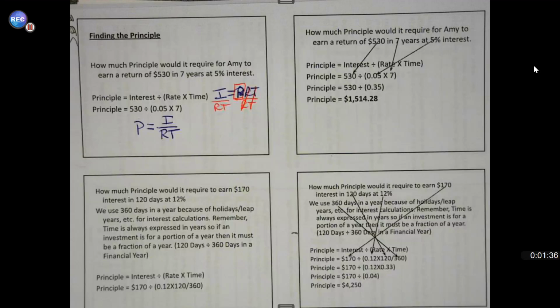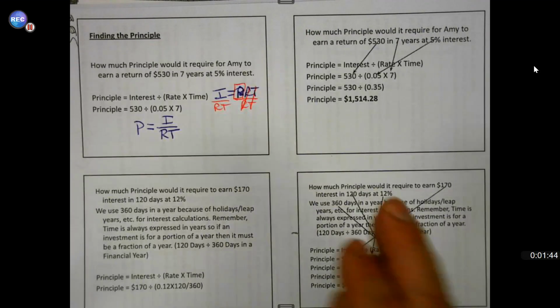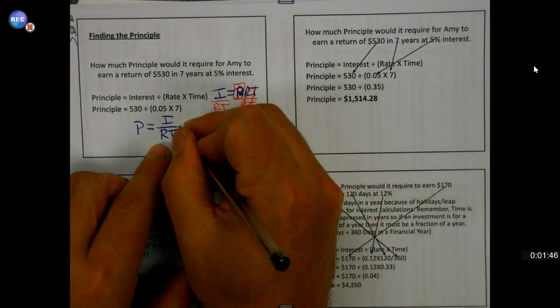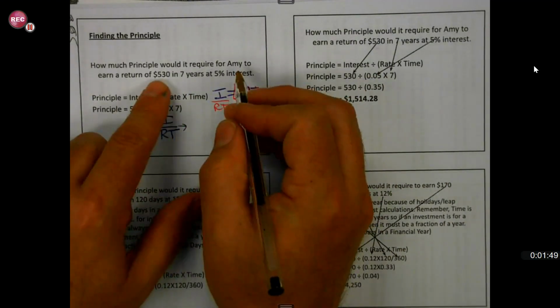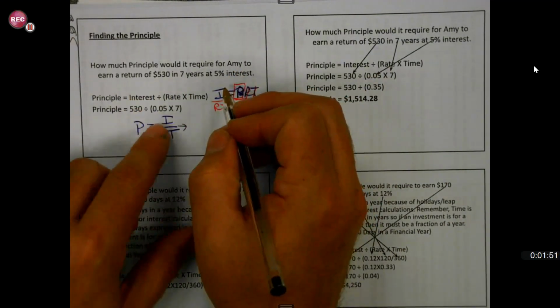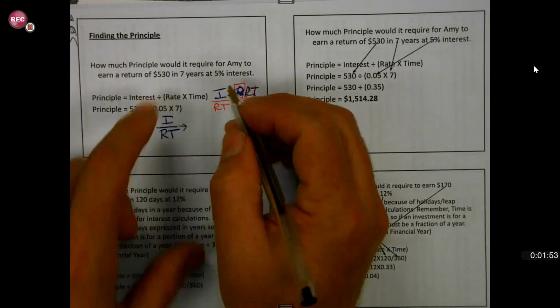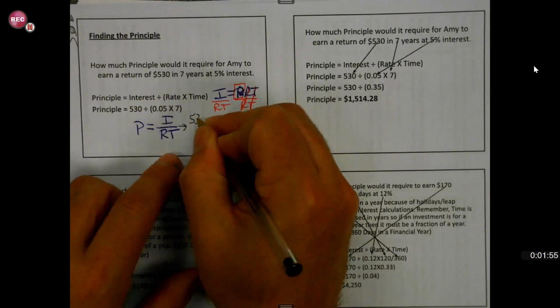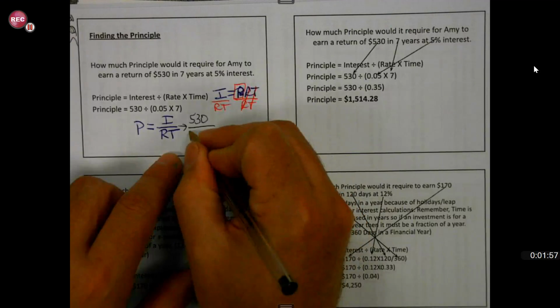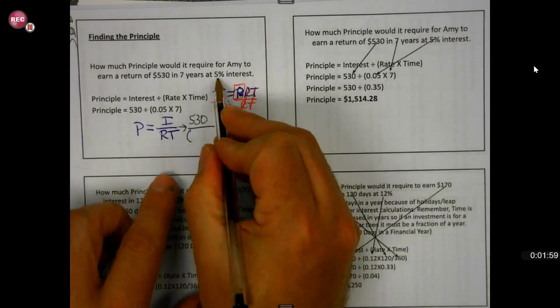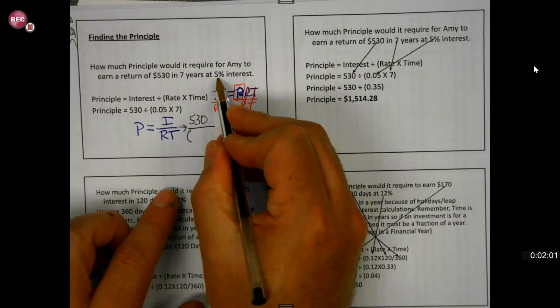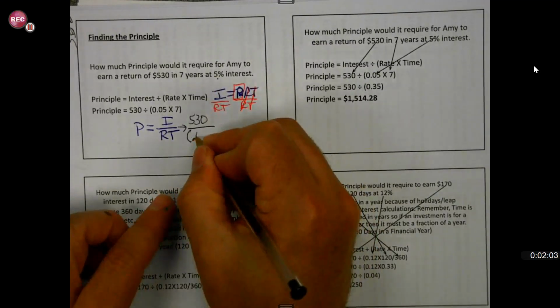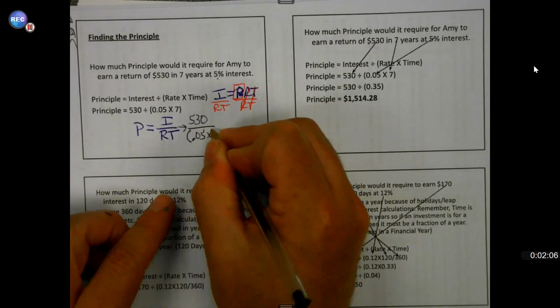Now, here's where I'm not giddy about doing this way. Because now, I can still plug in my values here. My interest would be $530 divided by, if I divide 5 by 100, that's 0.05 times my time.